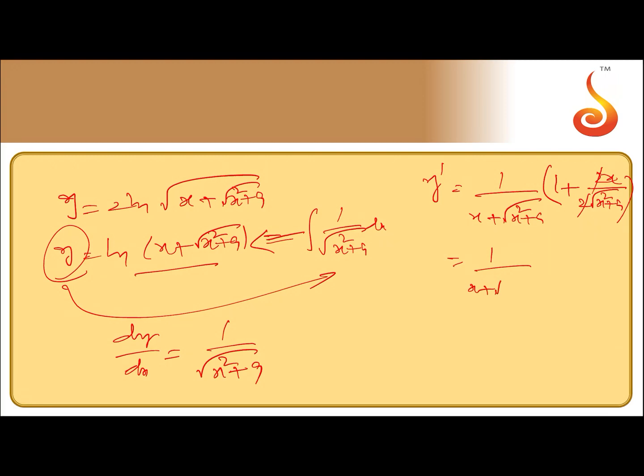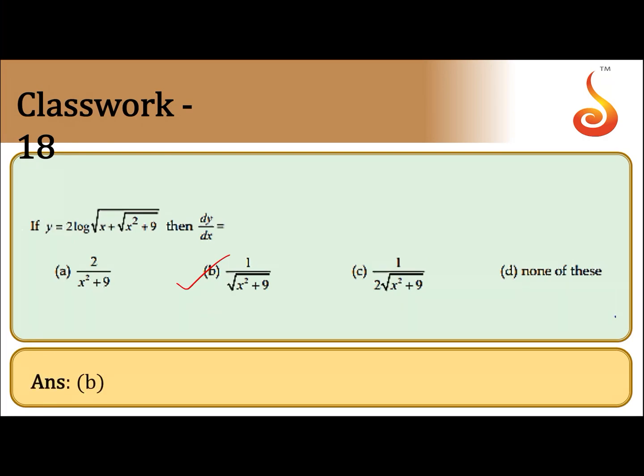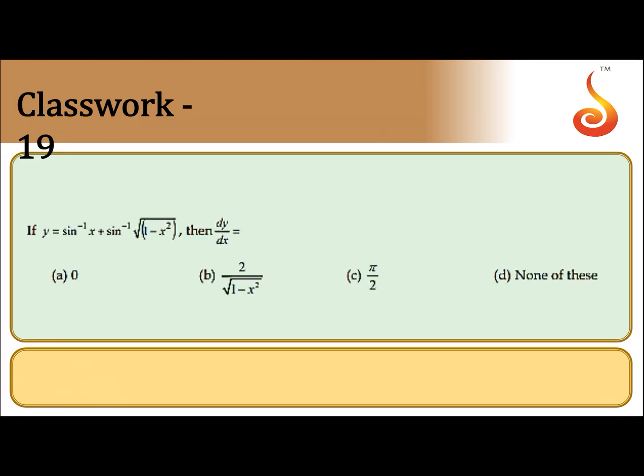So that 2 gets cancelled, take an LCM: 1 by root over x square plus 9 and x plus root of x square plus 9 divided by x plus root of x square plus 9. These two get cancelled, resulting in 1 by root of x square plus 9. You can do it by direct calculation also.